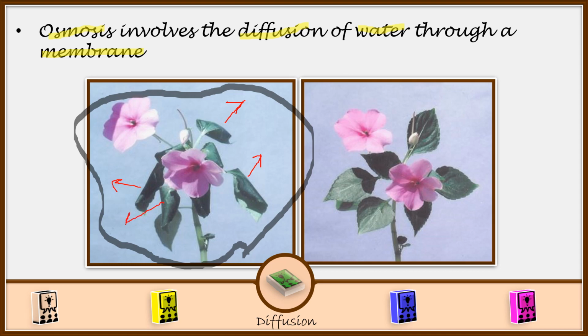And when the plant loses water, then it is going to start curling or bending, or what we call wilting, because it has lost its water by diffusion.